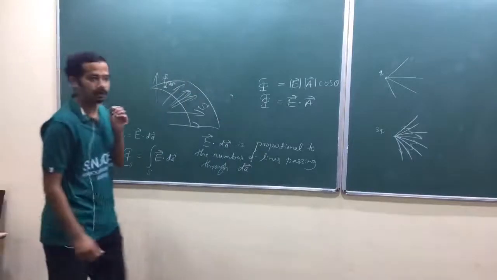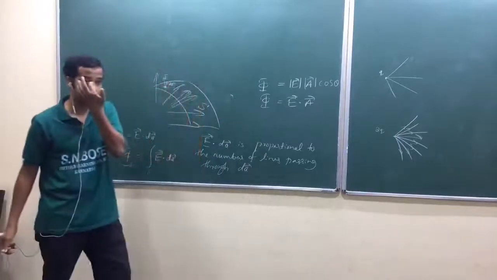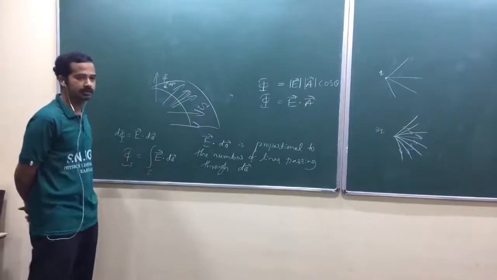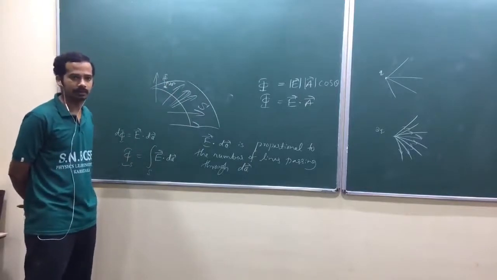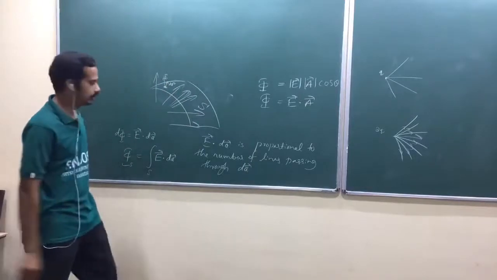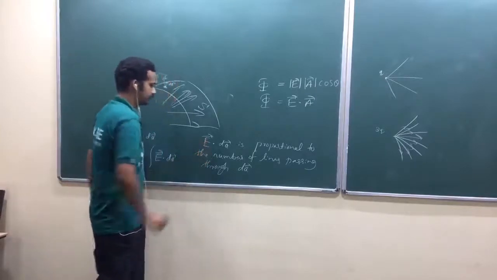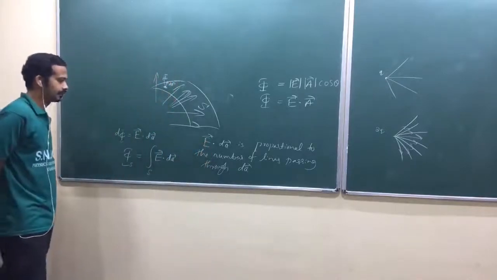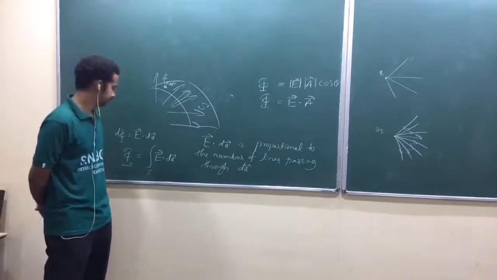We said proportional. Why? We can't count exactly. Is that okay? We can't count exactly, isn't it? It is all left to our choice. Remember, the electric field line is a kind of picture that's our choice, isn't it?